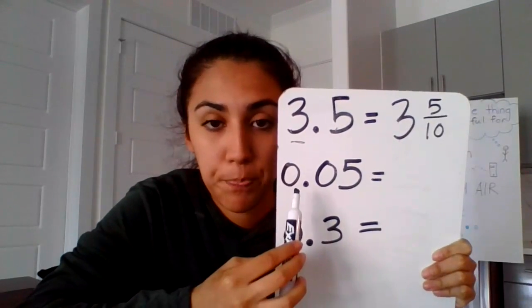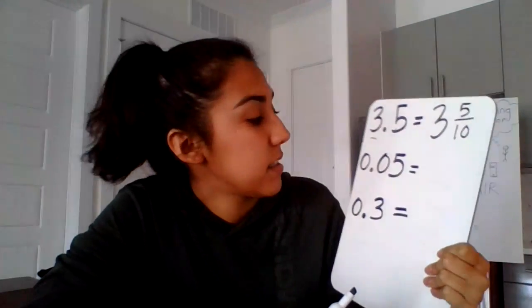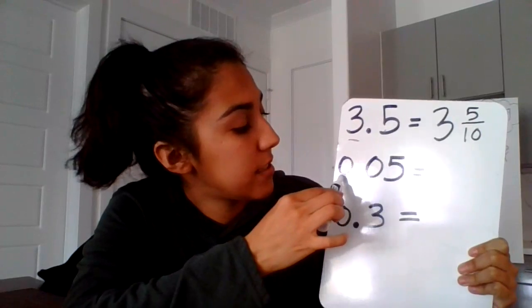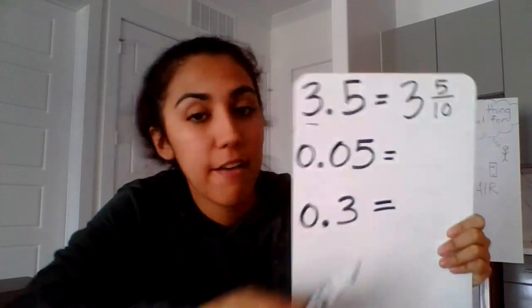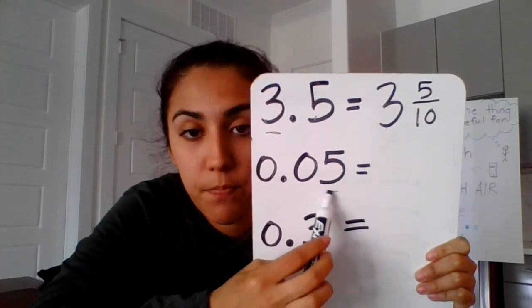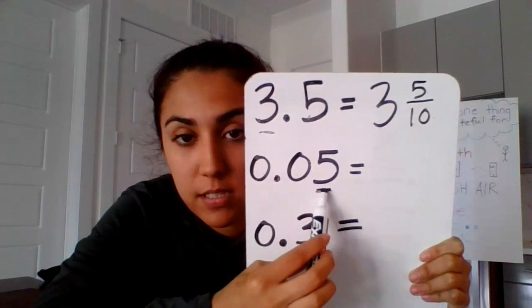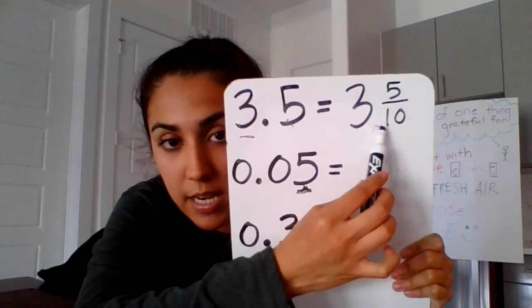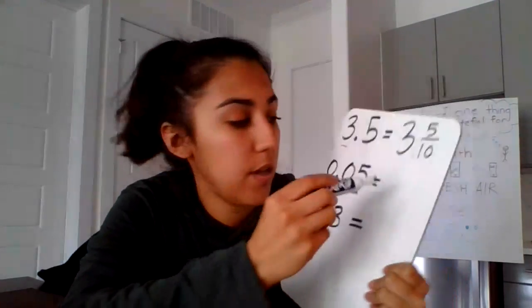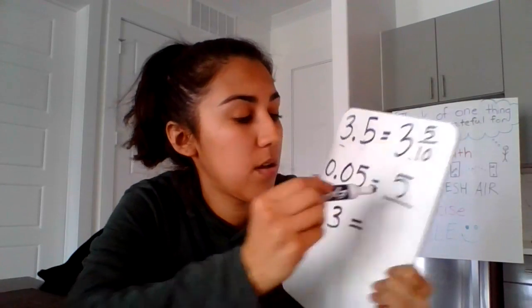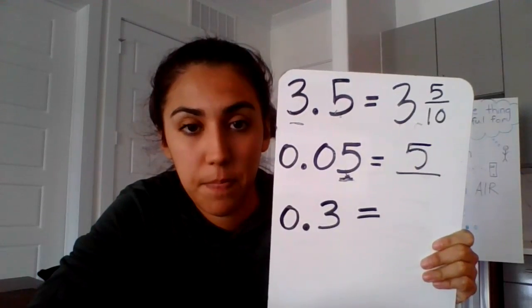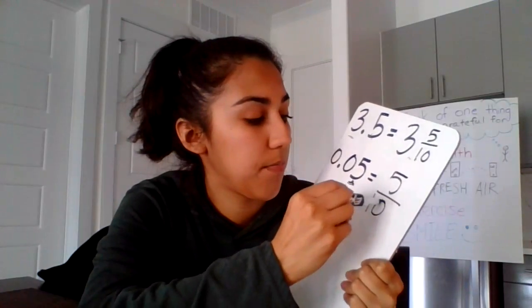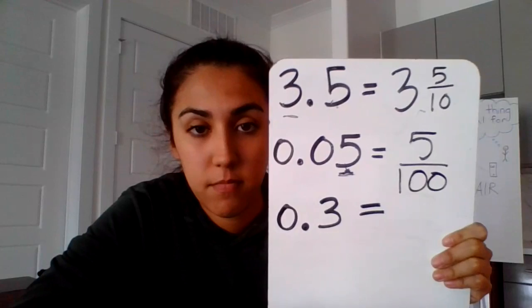What about this one? Let's read it, 0 and 5. What place value is that 5 in? The hundredths place, okay? So if this one was in the tenths place and we put a 10, what do you think we're gonna put as our denominator here? That's right, 100.